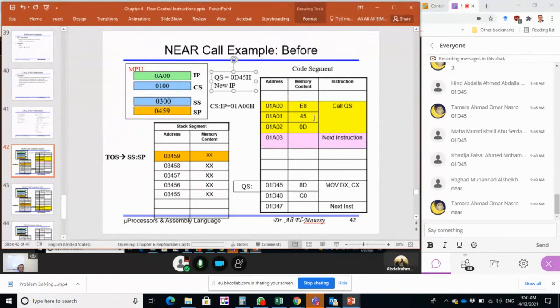The first thing the call is doing is to push the old IP address into the stack. Which IP address? What is the IP address that the call instruction should push into the stack?